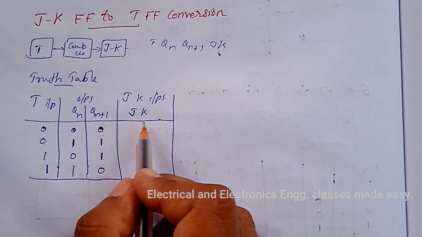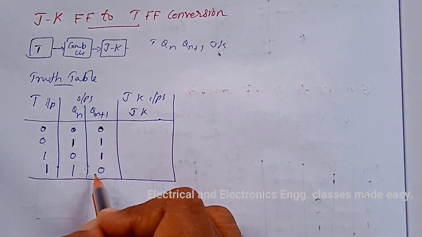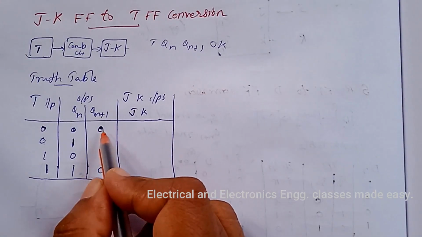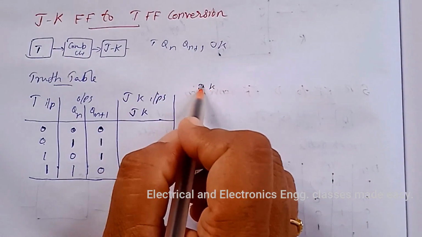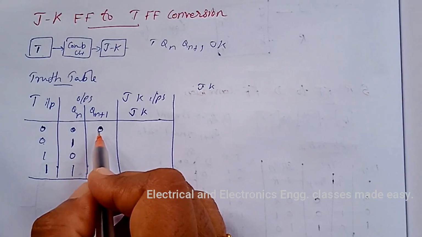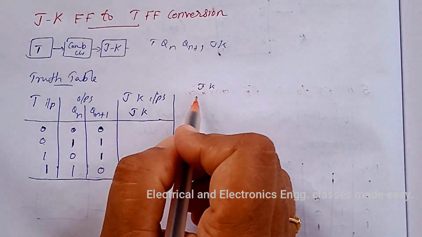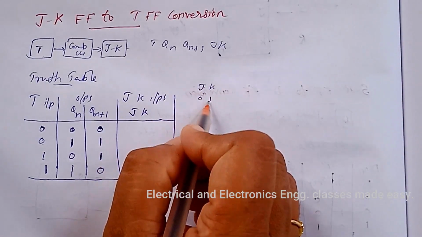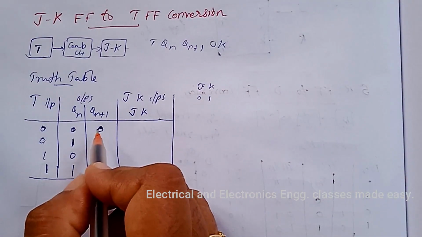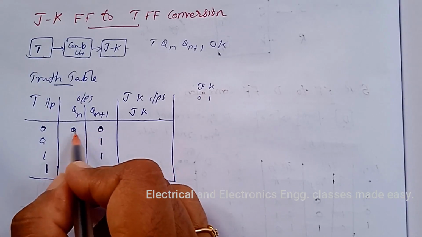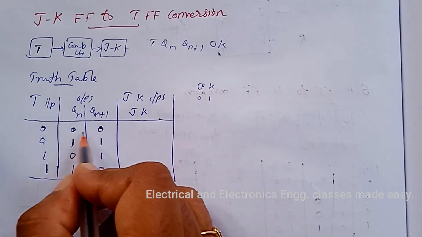Next we have to find the JK inputs for the required output. To obtain 0, the JK inputs are 0 and 1. For 0 1, the output will be 0 and here this is also 0, that is no change.